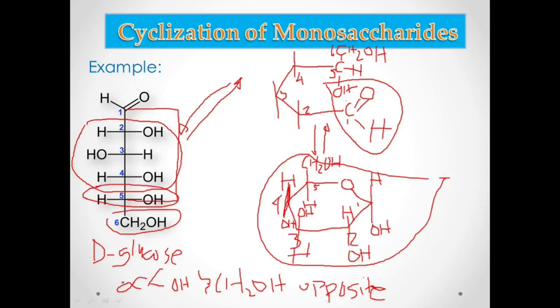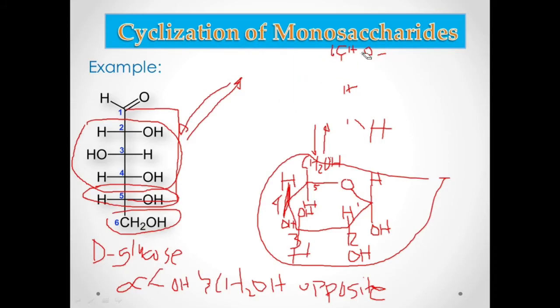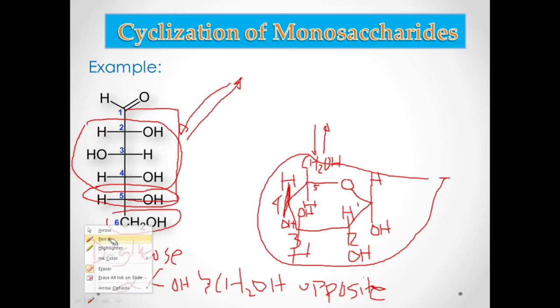When we say a beta anomer, that means both the OH and the CH2OH are found on the same side. So how do we distinguish a beta anomer?